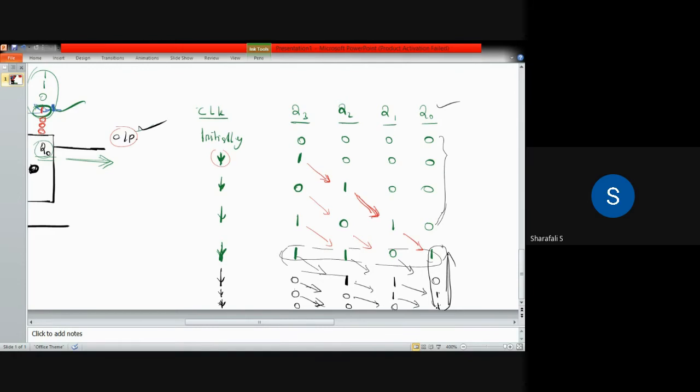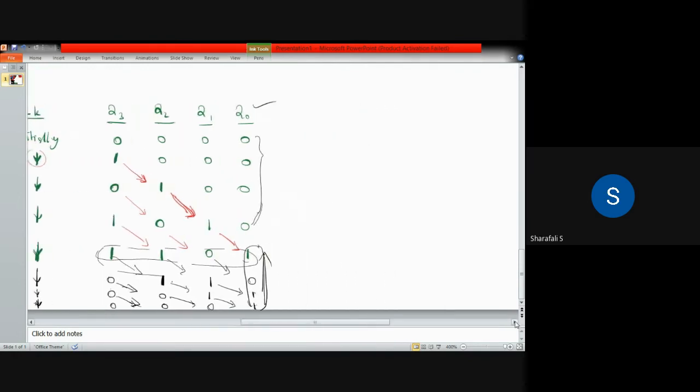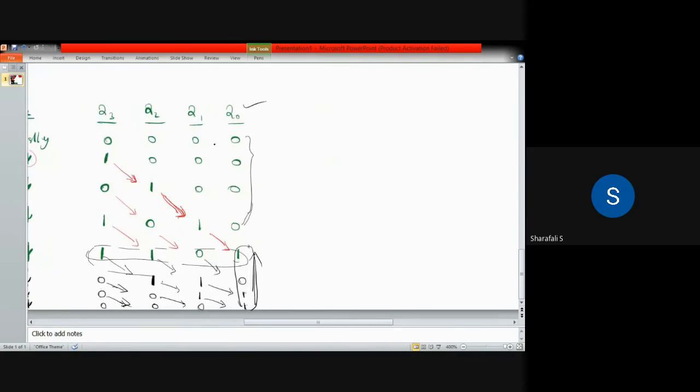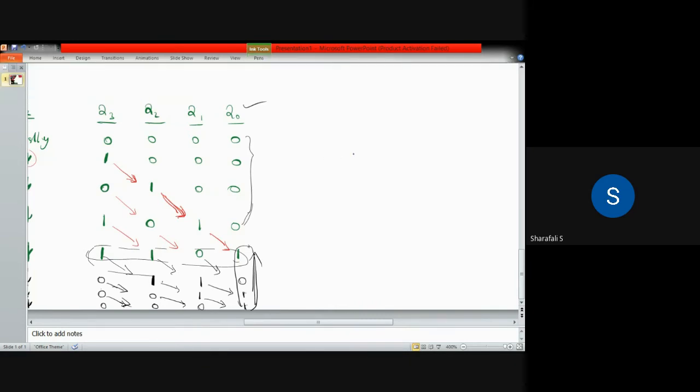Okay. Now, if you consider the clock pulse diagram of this one, first we have to consider the clock pulse.